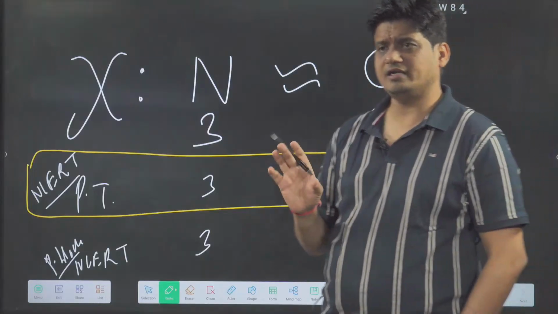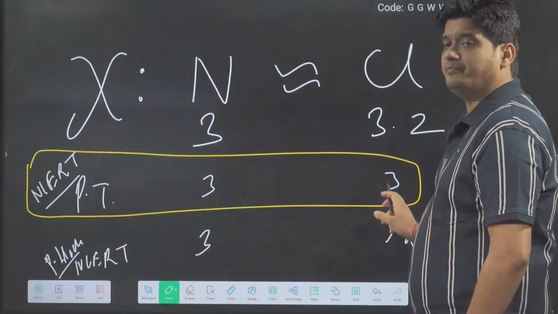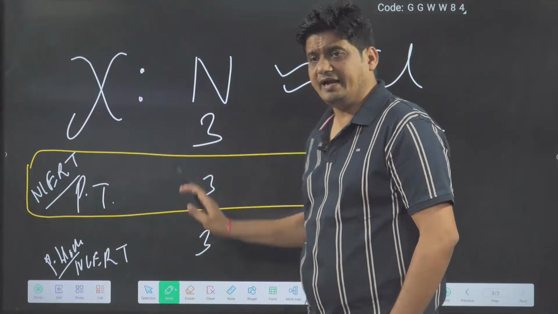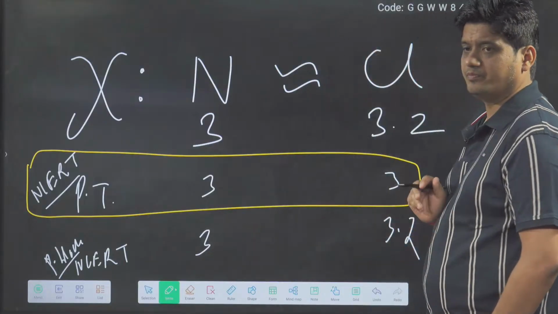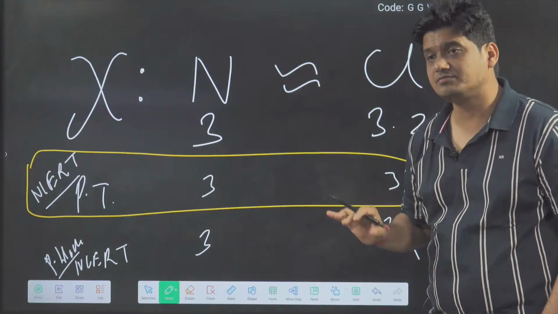Listen, you'll get the concept. In the periodic table part of NCERT they write 3 and 3; in P block they say 3 and 3.2.